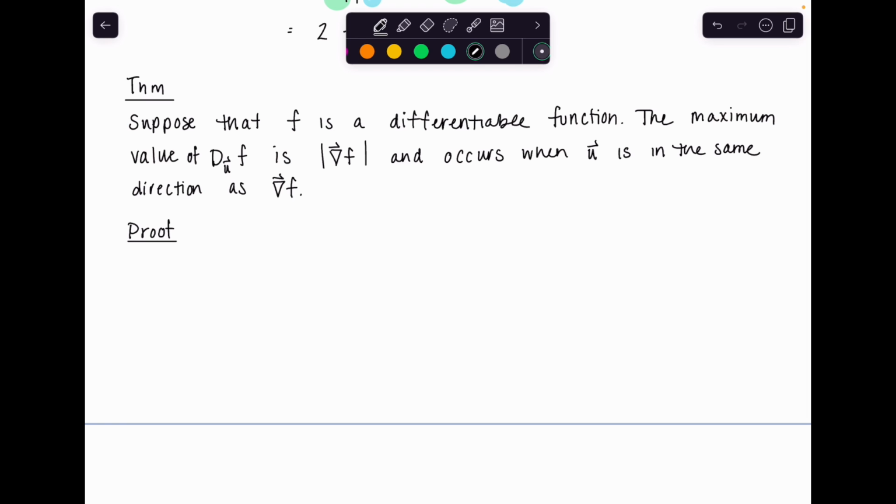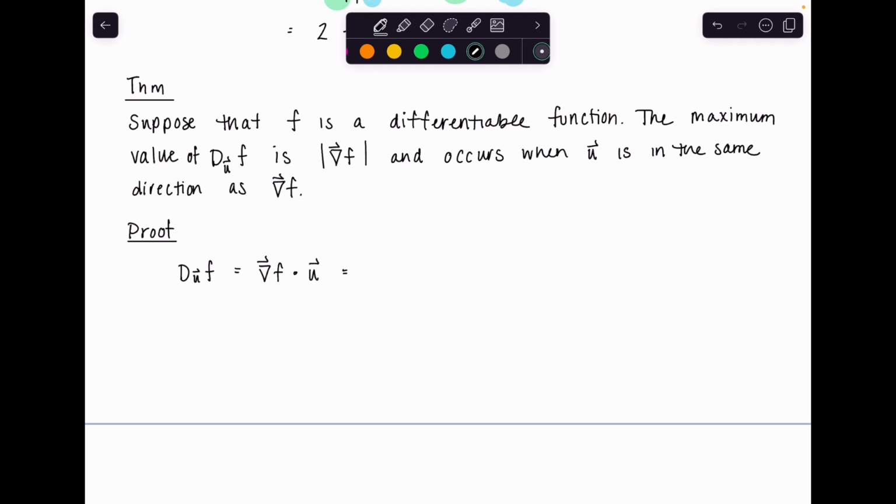It is one line, and that one line tells us everything. So if I look at my definition that we've come up with for our directional derivative of f, it is the dot product between these two vectors. But remember, our dot product relates to the angle between these two vectors. So I'm going to rewrite this based on the angle.